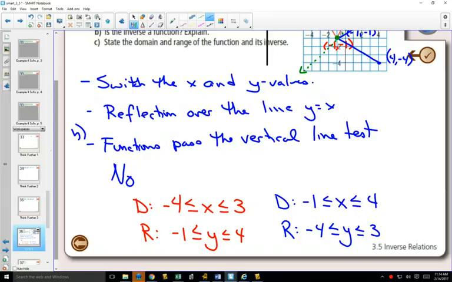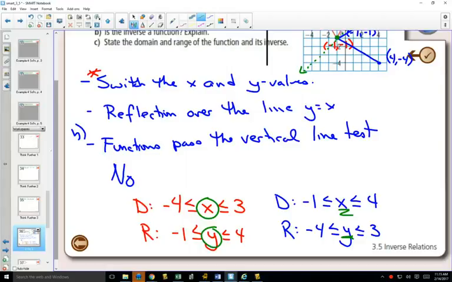They just got flipped. So this idea right here happens everywhere. It happens on the graph, you switch the points. It happens in the domain and range. All we had to do was switch this x to a y, and we had the range. We switched this y to an x, and we had the domain.